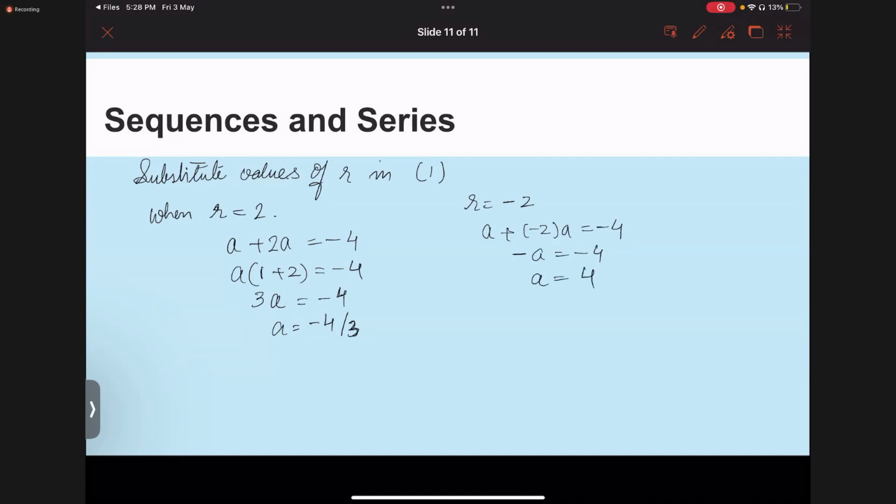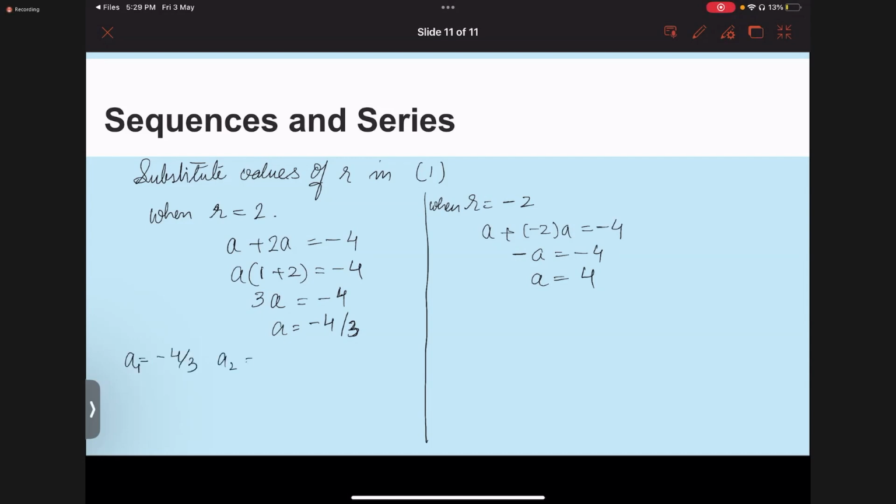Okay, so you can get two different geometric progressions depending on what you take your R as. So when R is equal to 2 and when R is equal to minus 2. Okay, so then your first term A1 is minus 4 by 3.